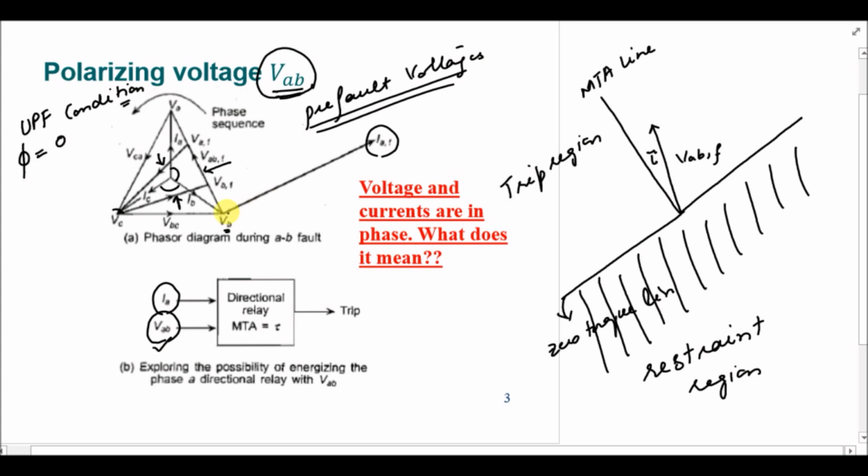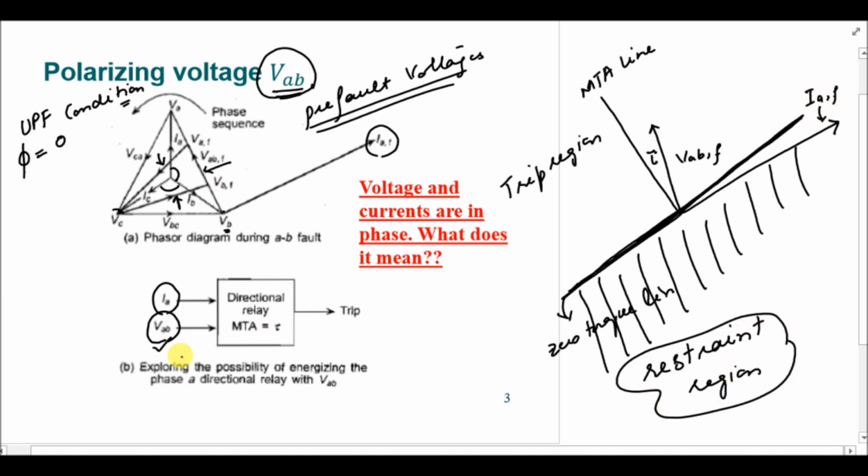And we know that this is your fault current. So if you draw the fault current, this is IA-F, and this is your zero torque line. So the current phasor is in the restraint region. So we cannot consider this VAB as a polarizing quantity.